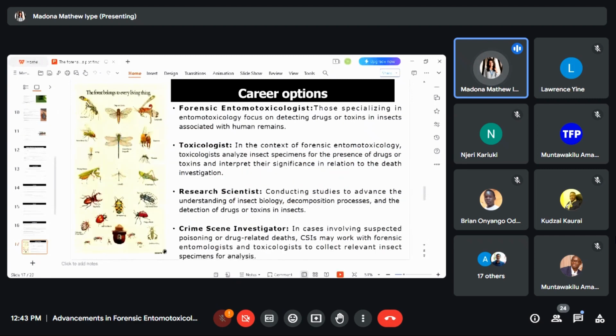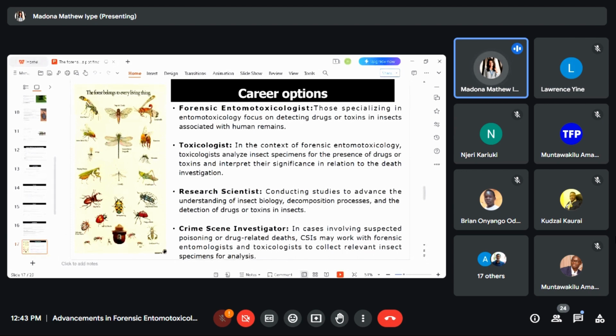Now, what are the career options? So forensic entomotoxicologist and toxicologist are among the main career options if you're interested in pursuing a career which includes both forensic entomology and toxicology.